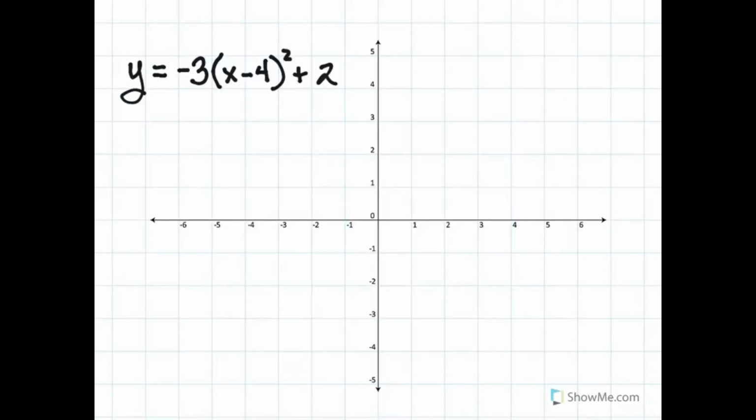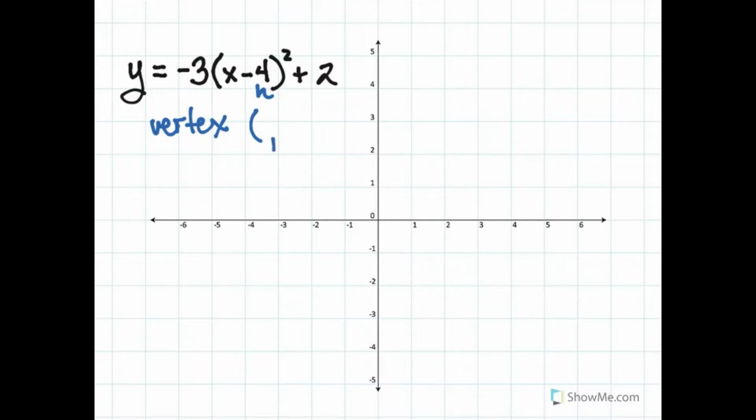If a parabola is given in this form, where we have x plus or minus a constant that's squared, a multiplier outside, and another constant outside, it's easy to find the vertex, because the x-coordinate is the opposite of the number inside the parentheses with x.